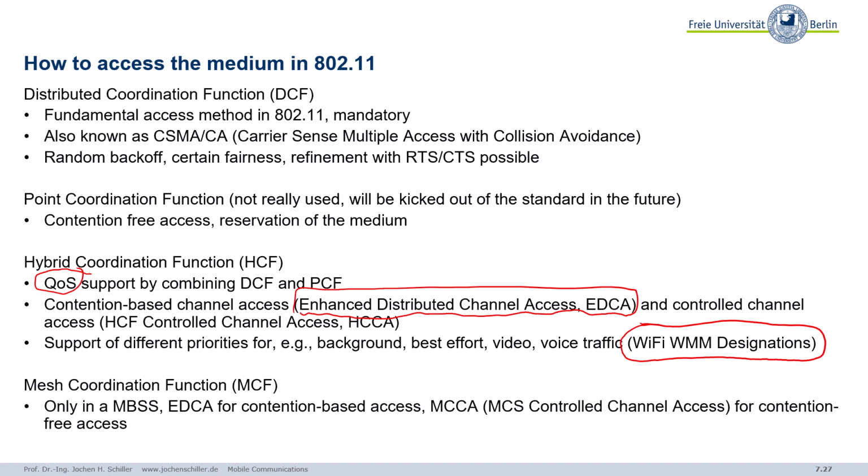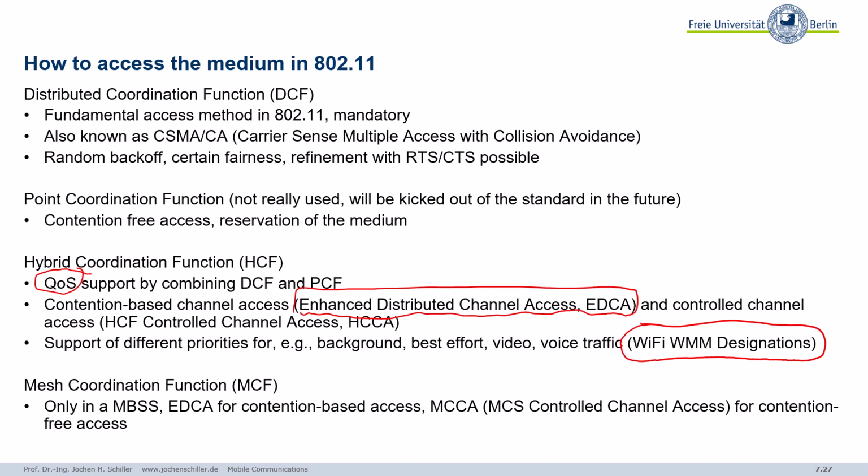So if you read this term, wireless multimedia, think of the four traffic classes: background, best effort, video, and voice. And we will learn that these traffic classes are implemented by using different priorities when it comes to a contention-based channel access.